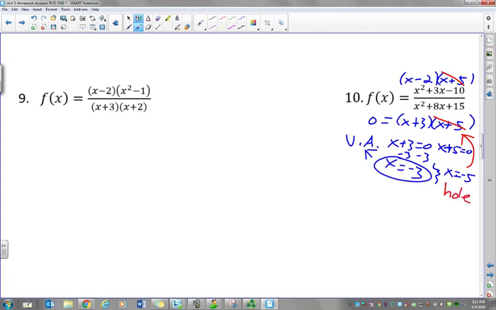So we wouldn't circle it, we would just list it as a hole. What I mean by hole is when the graph comes down, and then there's a hole right there. That looks like a closed dot. Let me do an open dot hole. There you go. So basically there's a hole there instead of an asymptote. So be careful with the holes.